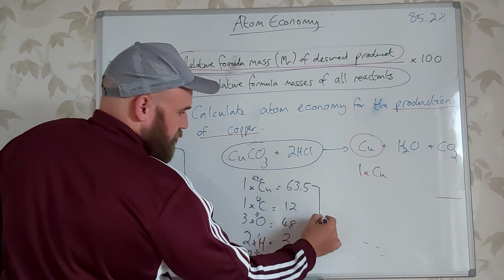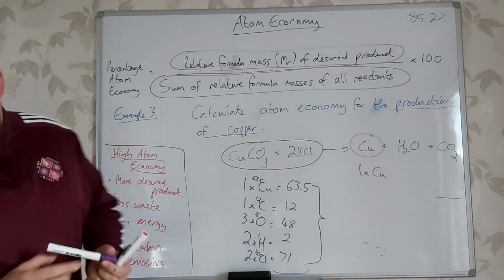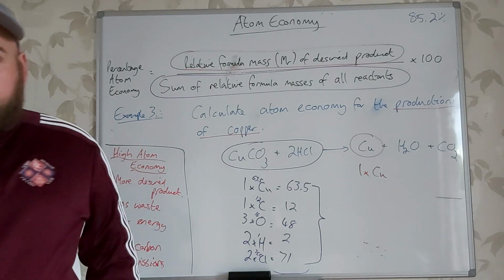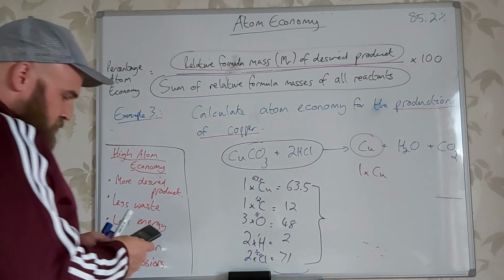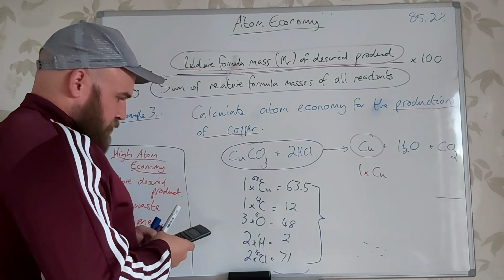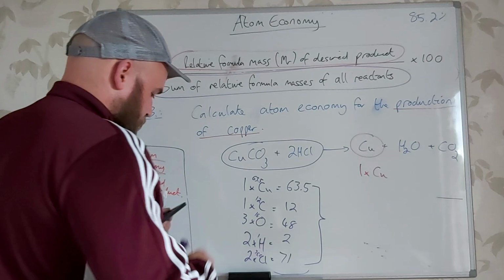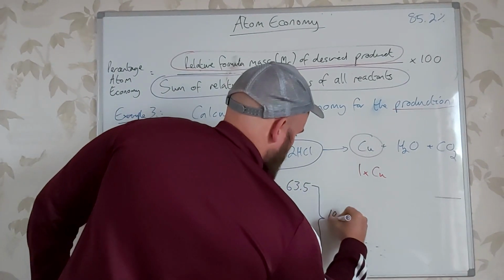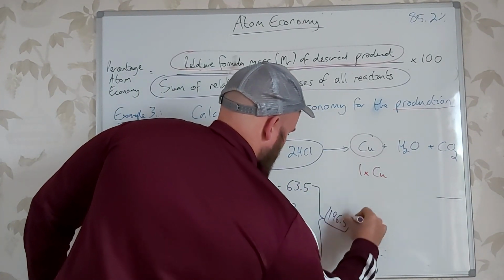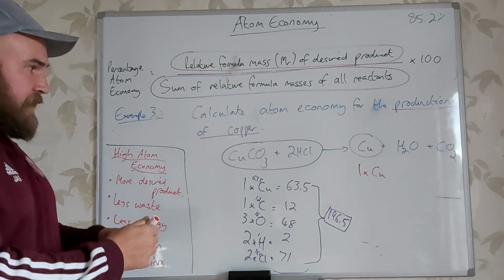Right, so if I add up all of those things, I'll do it on my calculator to make sure that I don't make a mistake. So 63.5 plus 12 plus 48 plus 2 plus 71, 196.5. So that's my purple number for this calculation.